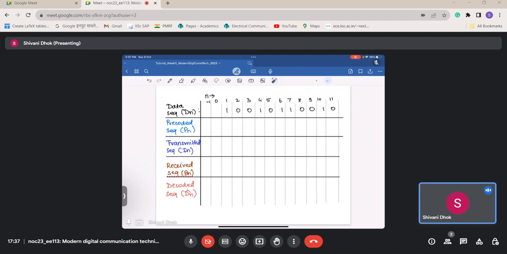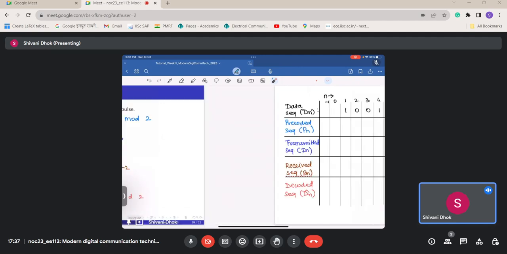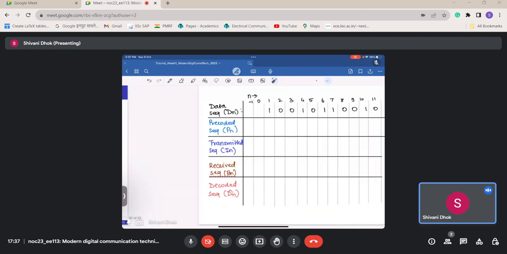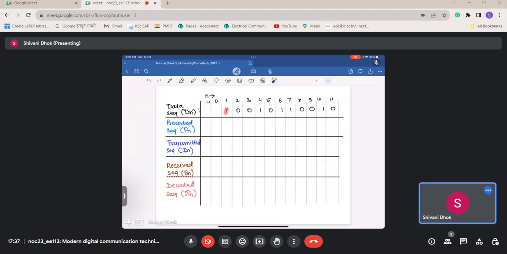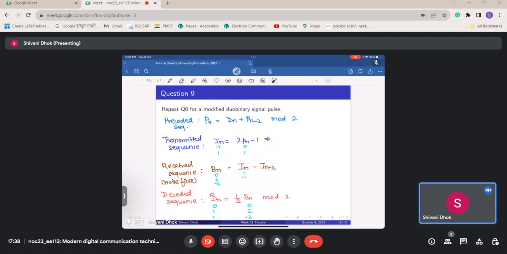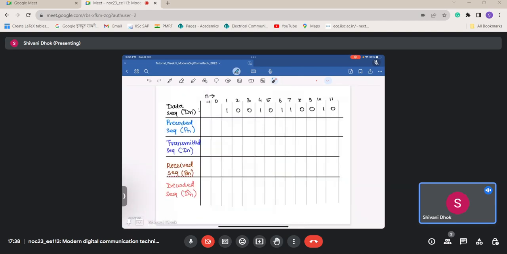For the precoded sequence, we need to consider the current data point and the precoded point at two places before that. For example, if I'm precoding for n equal to 1, then I'll look at the precoder value at n equal to minus 1.